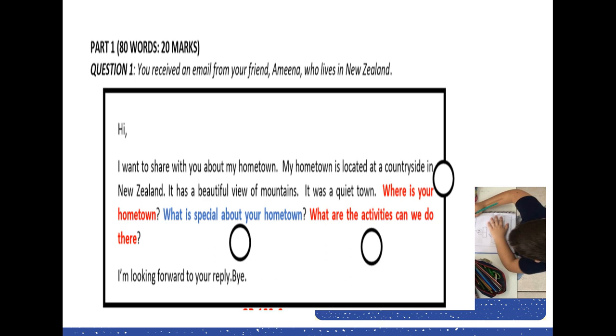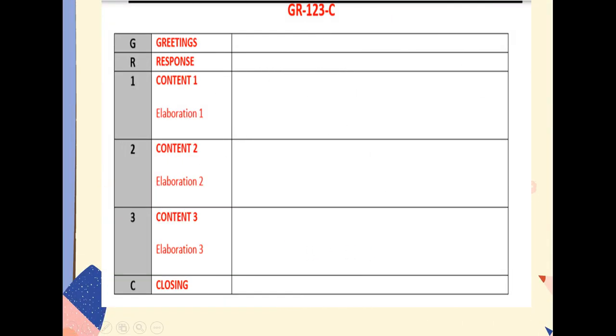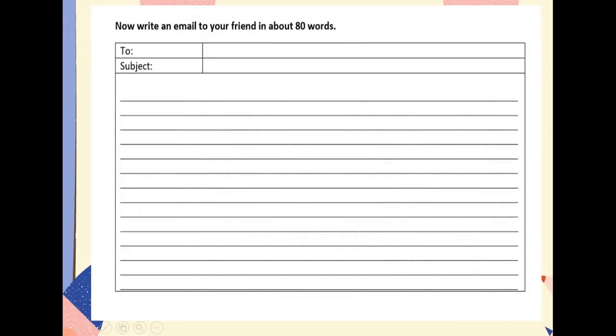You may use this table to practice on your own. Don't forget to state GR123C, GR123C, GR123C before you start writing your part 1. This is the template in your real examination for you to write.